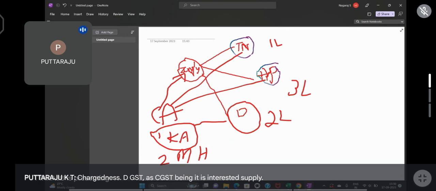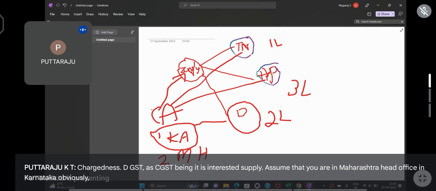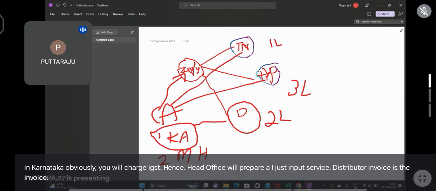Assume that you are in Maharashtra, head office in Karnataka. Obviously, you will charge IGST. Hence, head office will prepare an IGST input service distributor invoice, ISD invoice. The same will be distributed to the respective branches as IGST.